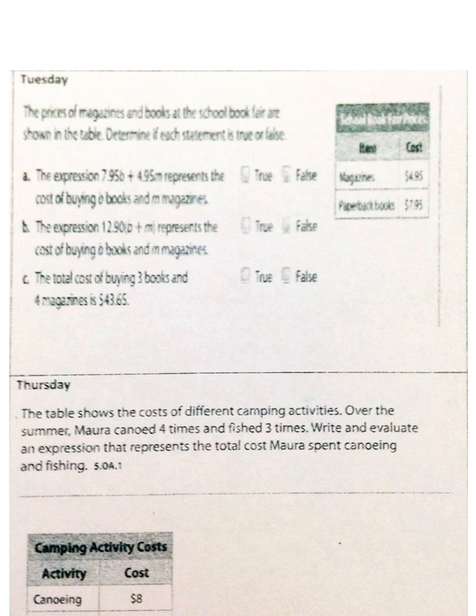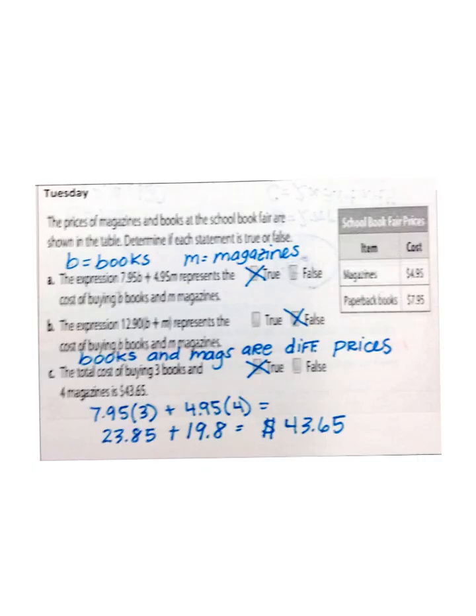Tuesday, the prices of magazines and books at the school book fair are shown in the table. Determine if each statement is true or false. Okay, for A, the expression 7.95 times B plus 4.95 times M represents the cost of buying B books and M magazines.